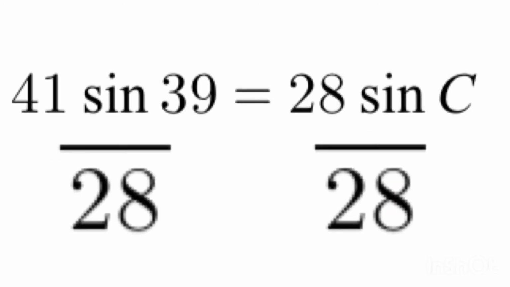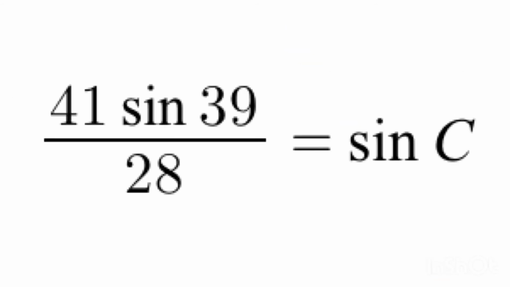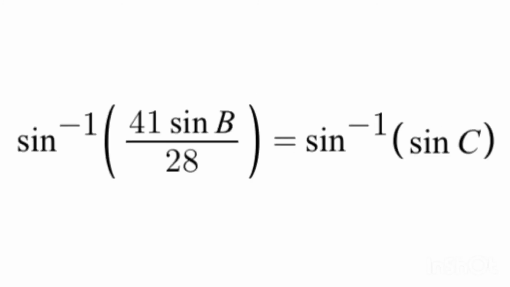Once we divide the 28 on both sides, it cancels on the right side, and we're left with 41 times the sine of 39 over 28 is equal to the sine of angle C. But how do we get rid of the sine? We're going to have to use inverse trig ratios in order to get rid of our sine function.